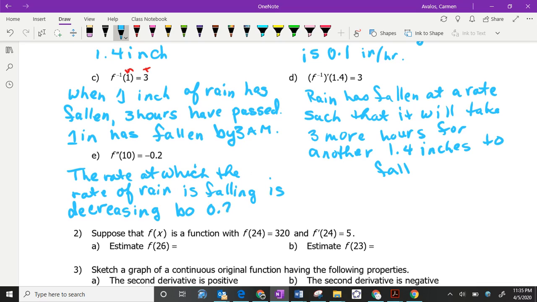So it's 0.2. Notice how it's 0.2 and not a negative 0.2 inches per hour at 10 a.m. Okay, so that means that the rain at 10 a.m. is actually slowing down. It's still raining, but it's slowing down at that rate. So that's what they have on there.